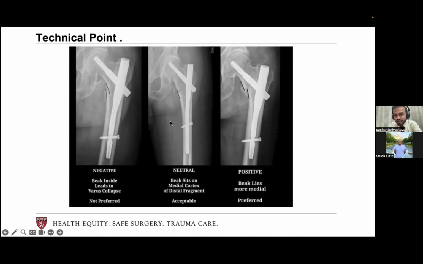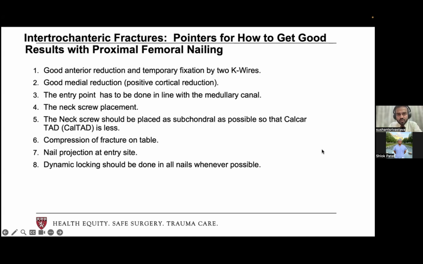A neutral reduction is that the beak of the neck sits on the medial cortex of the distal fragment and is acceptable. And if the beak lies medial to the medial fragment, that means it's a positive reduction and it's preferred. So there are important pointers which I have put down for one to understand how one should go ahead with the intertrochanteric femur fracture fixation.